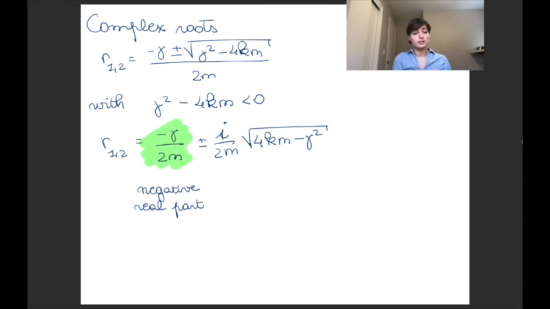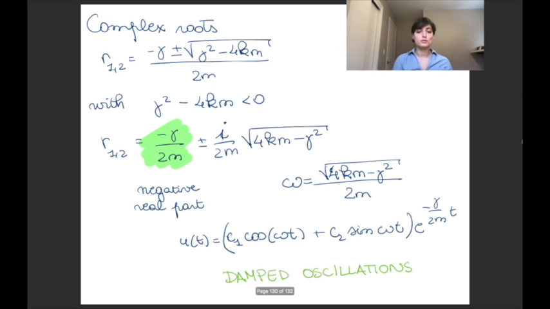And in either case, the real part is negative. So if we introduce a new omega, the square root of 4km minus gamma squared, all of this divided by 2m, the solution is a combination of sine and cosine depending on this new frequency, multiplied by a negative exponential. This means there are dampened oscillations.